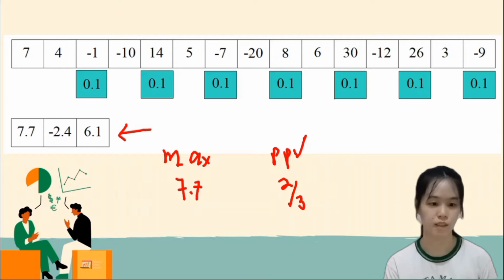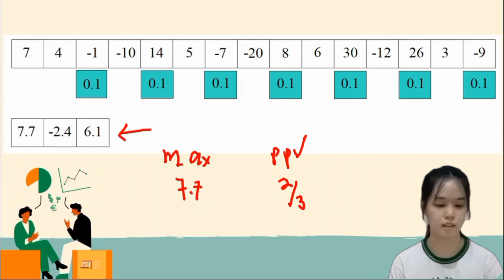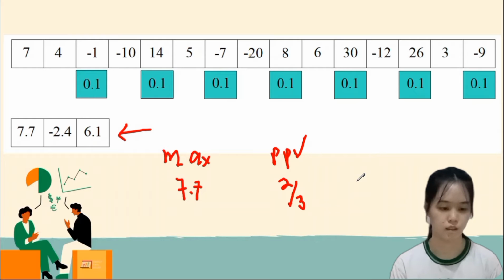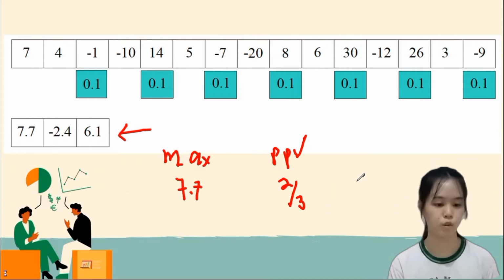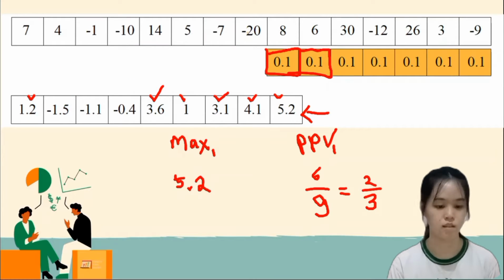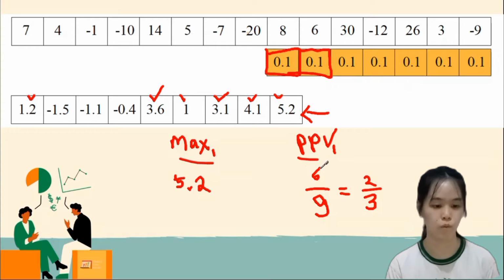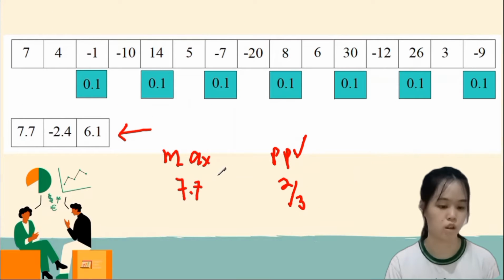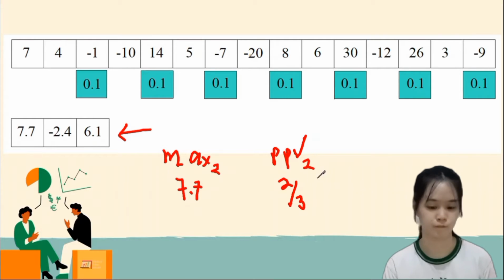So in transforming the time series data set, because we have two kernels, we will have 4 features. The first feature would be max1, the second is ppv1, the third is max2, and the fourth is ppv2.